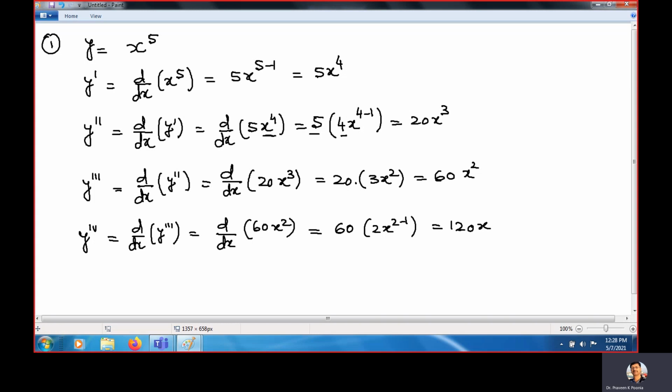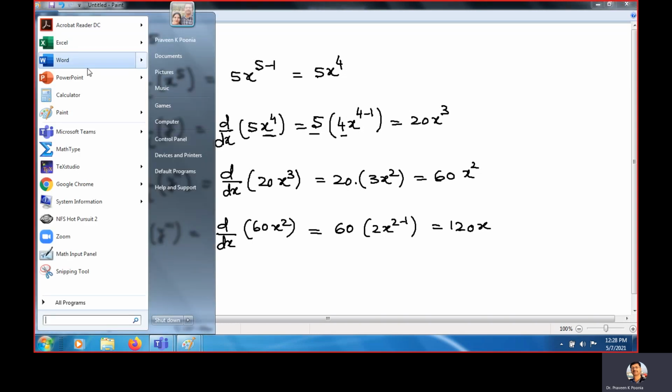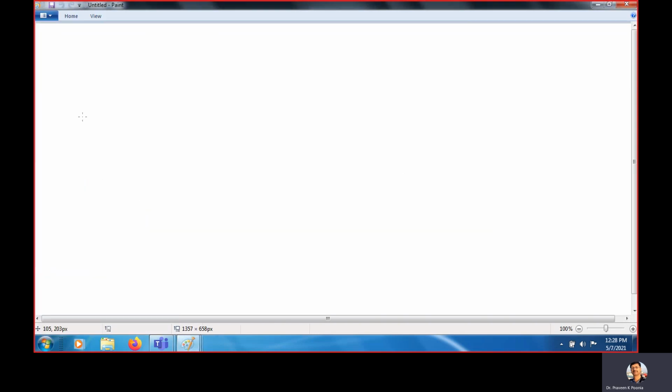Clear? So we will take another question, question number 2. If y is equal to e power 4x, this is the function. What is the value of y dash? Y dash is d by dx of e power 4x. Now you should remember here it is not e power x.